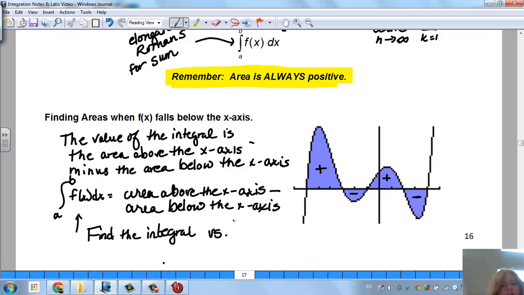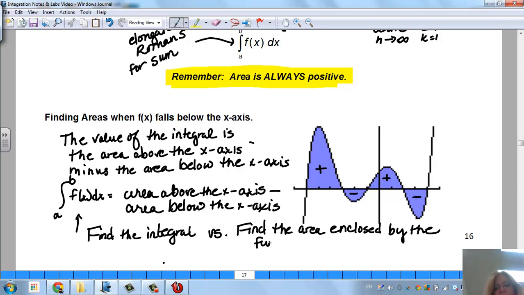Versus if I want you to find the area enclosed by the function and the x-axis. If I ask you just to find the integral, by all means, start at a, end at b, put your function in, and put dx and get an answer.